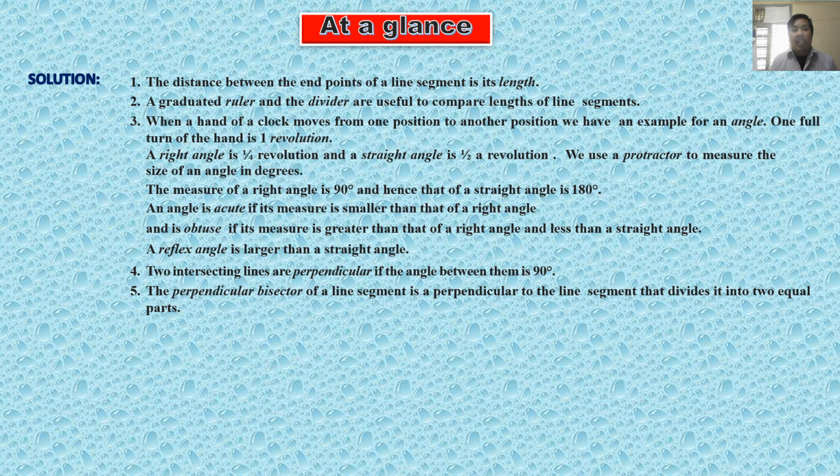Then the line is called a perpendicular bisector. Bi means two, sector means divided. Clear? Two equal parts, that is called bisector.